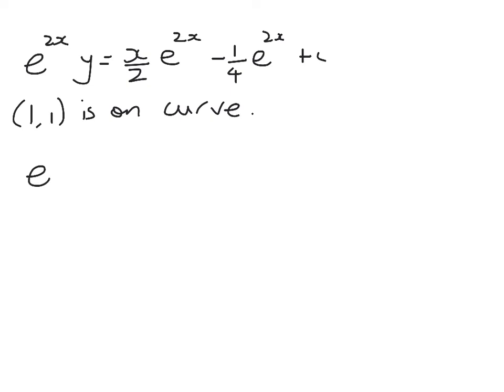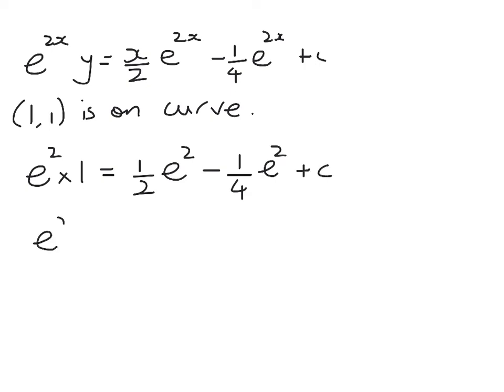We get e squared times 1 is equal to 1/2 e squared minus 1/4 e squared plus c. So e squared equals 1/4 e squared plus c. C is equal to 3/4 e squared.